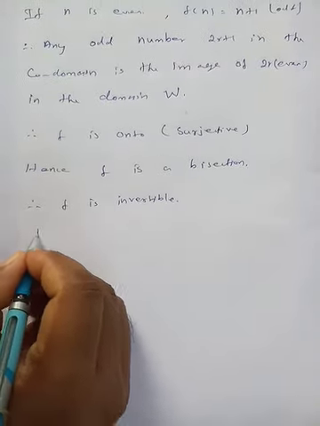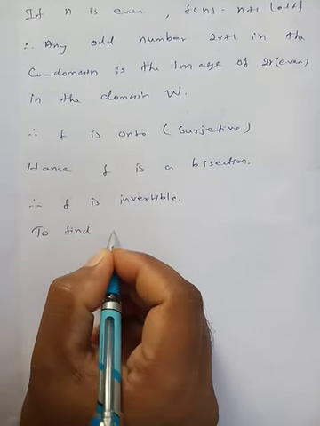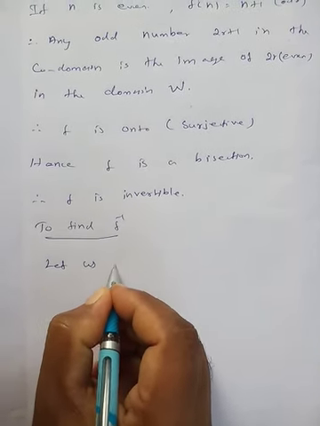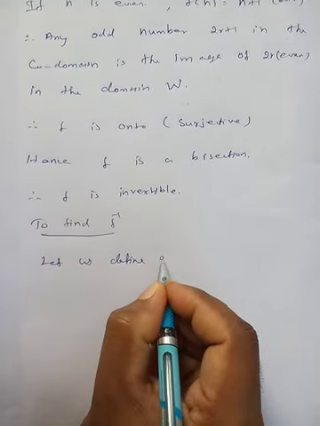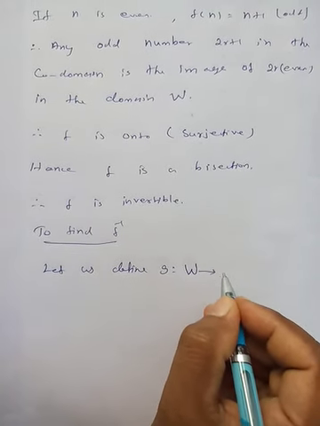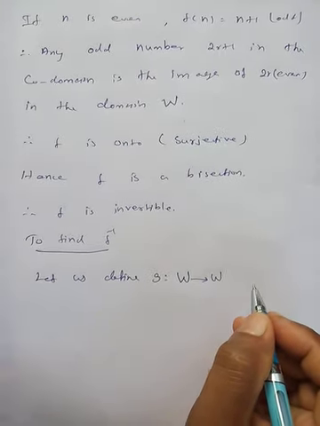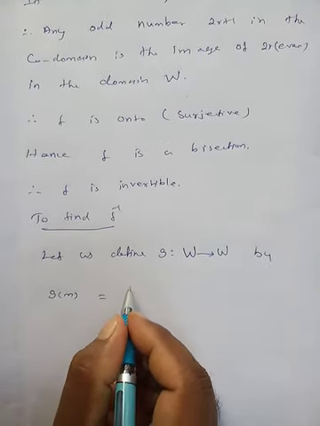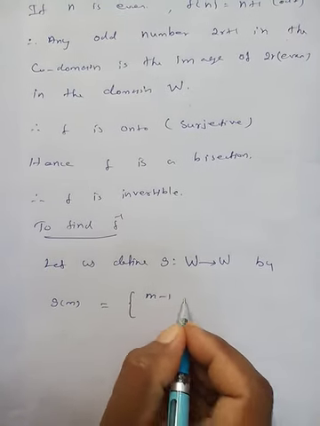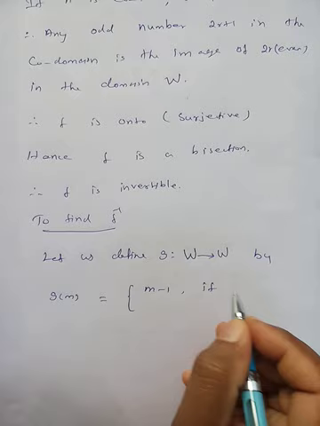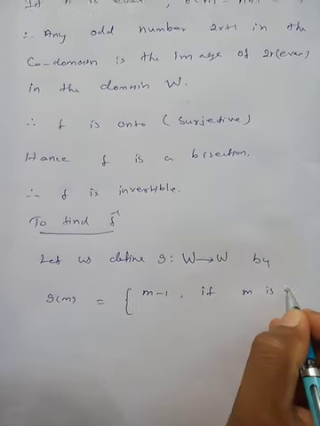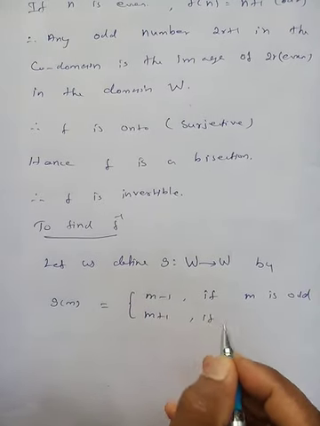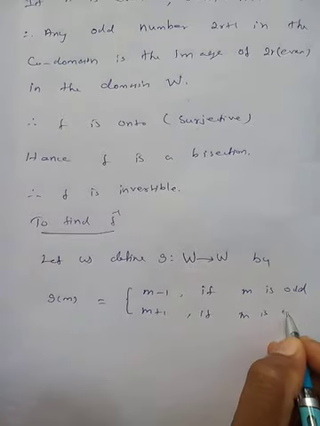To find f inverse, let us define g from W to W, because both the domain and codomain are W, by g(m) equals m minus 1 if m is odd, and m plus 1 if m is even.